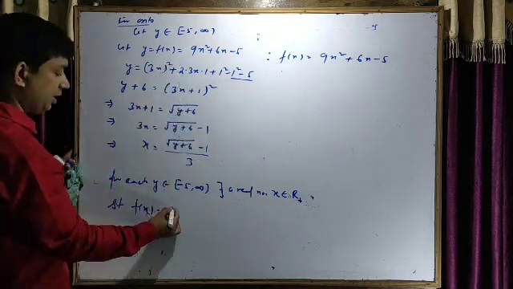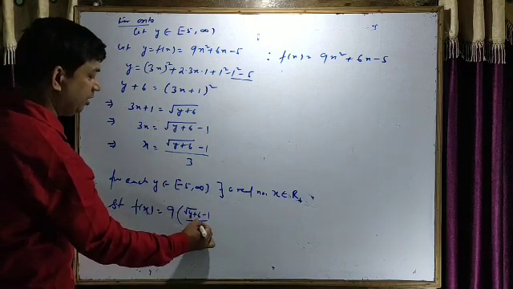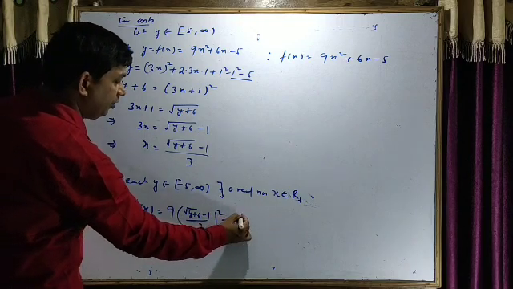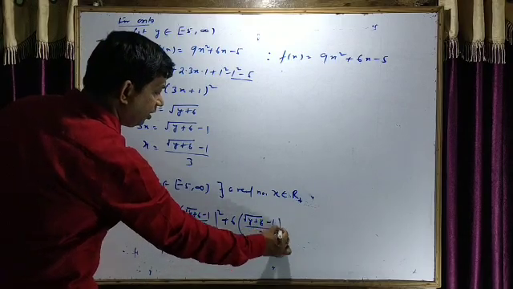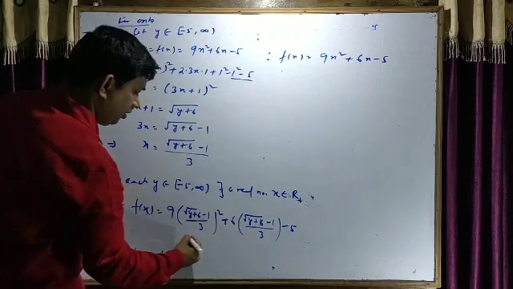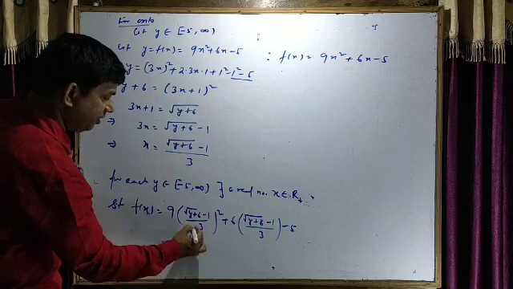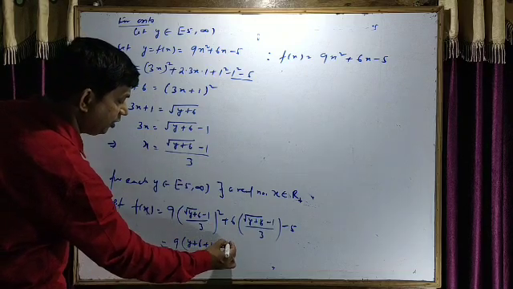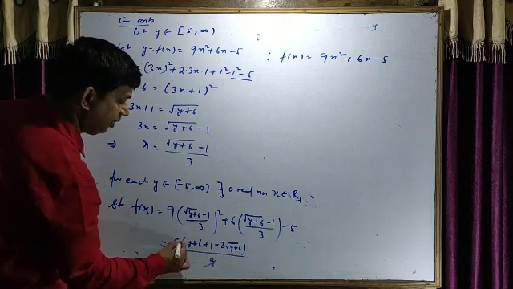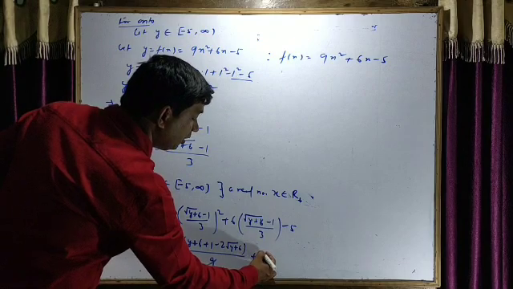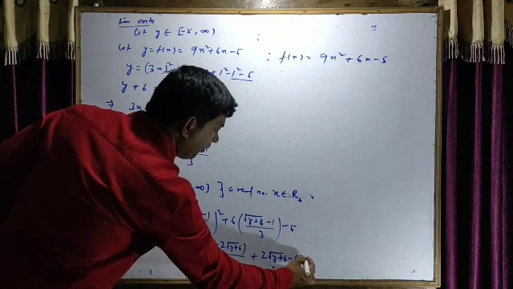It is 9 times ((root under y plus 6 minus 1) by 3) square plus 6 times (root under y plus 6 minus 1) by 3, minus 5. So this is (y plus 6) plus 1 minus 2 root y plus 6, and 9 cancels, plus 2 root under y plus 6 minus 2, minus 5.